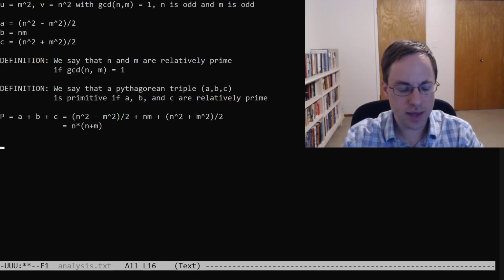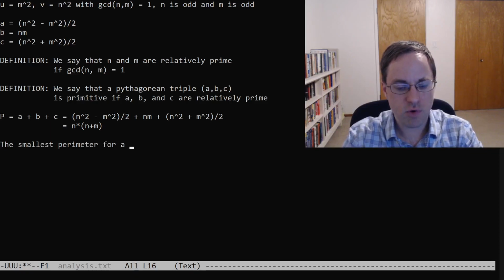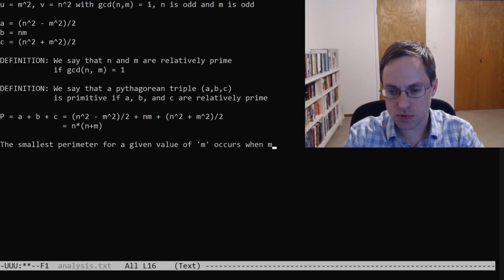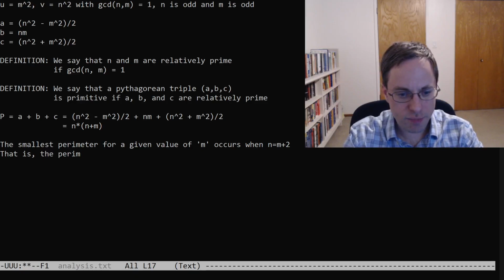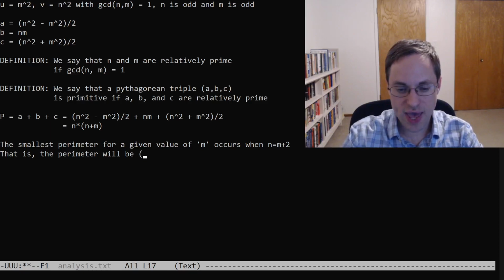So we'll say the smallest perimeter for a given value of m occurs when n equals m plus 2. That is, the perimeter will be, and then we can just substitute in m plus 2 for n.